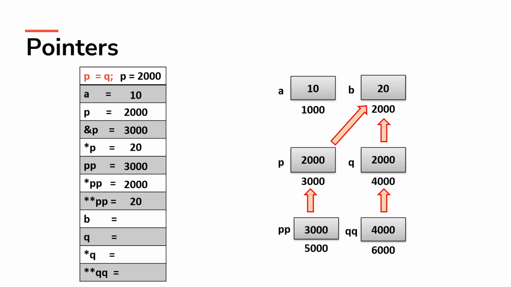Very good. What is B? Also 20. Q? 2000. Star Q? Star Q is 20. Star star Q.